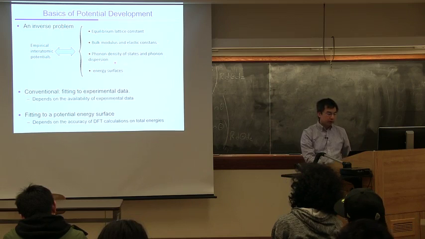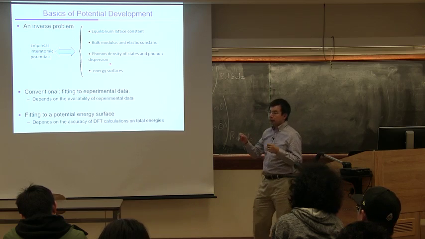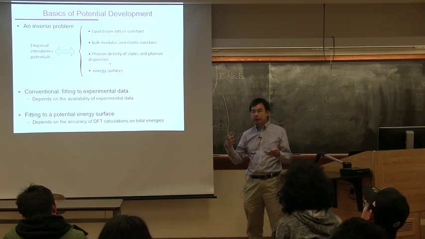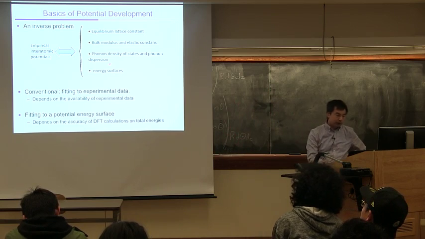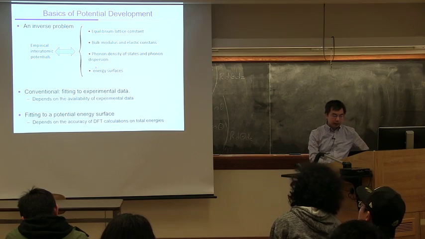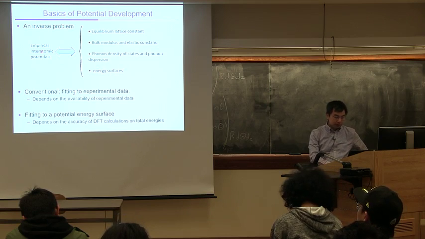Also, the energy surface can be calculated. Energy surface means that for any unique configuration, you can calculate the single point energy, right? So this energy surface can have an infinite number of configurations, and an infinite number of energy data points you can plot from the potential, right?